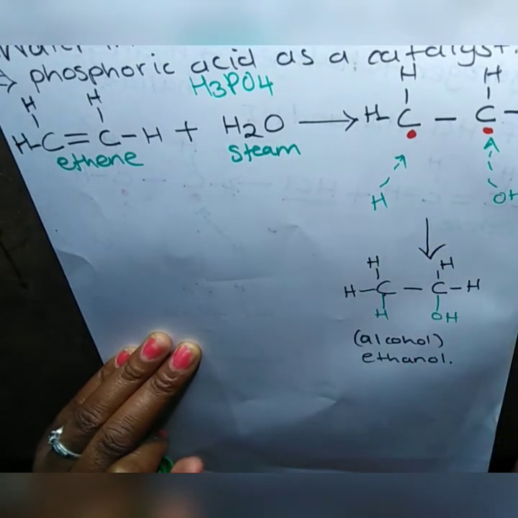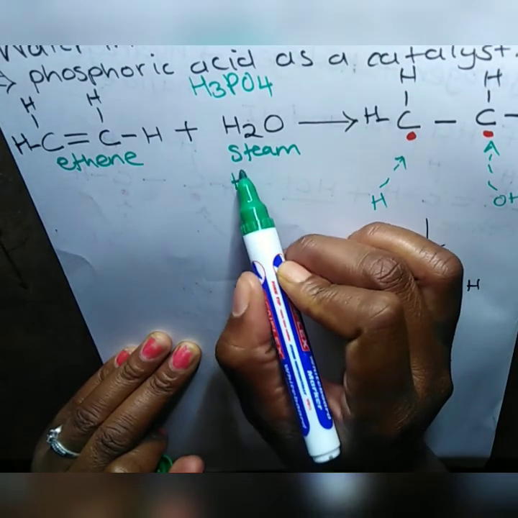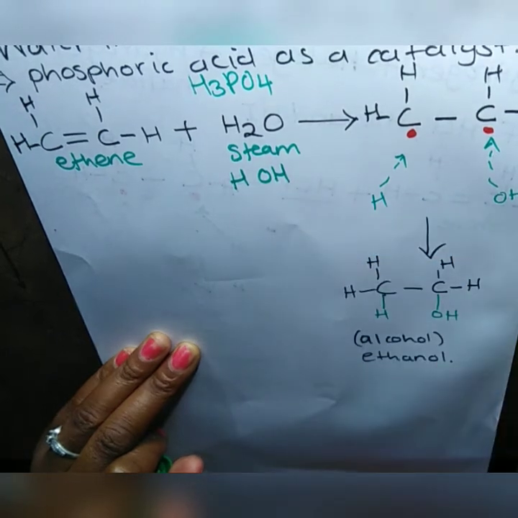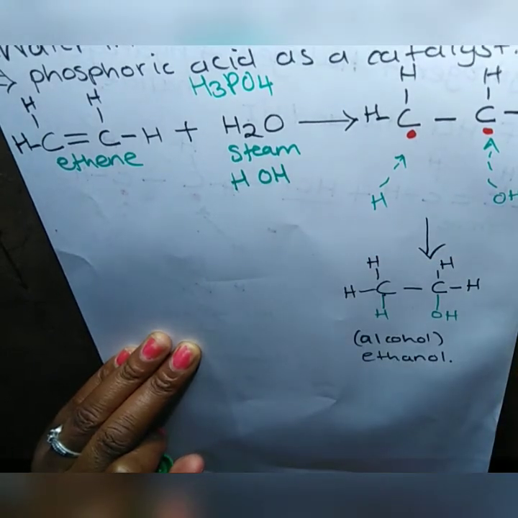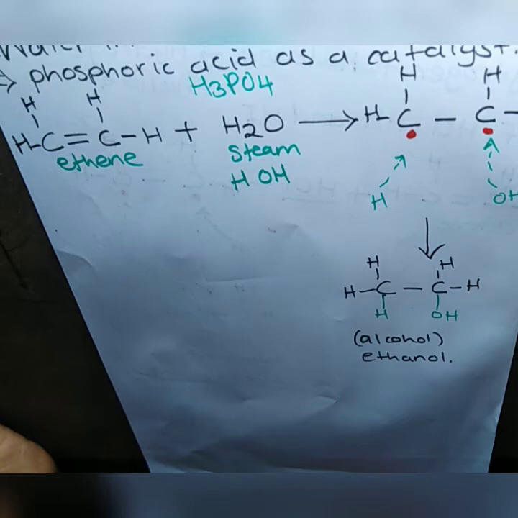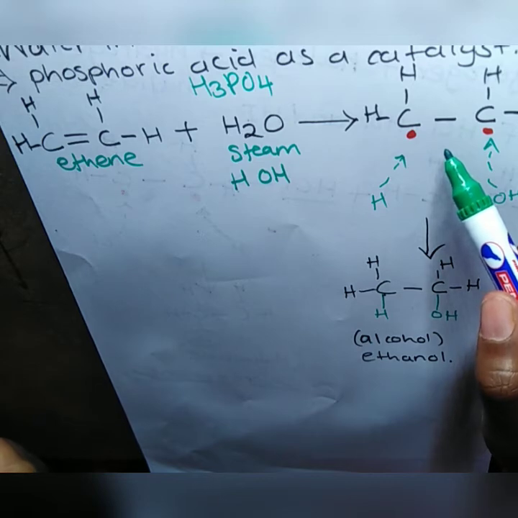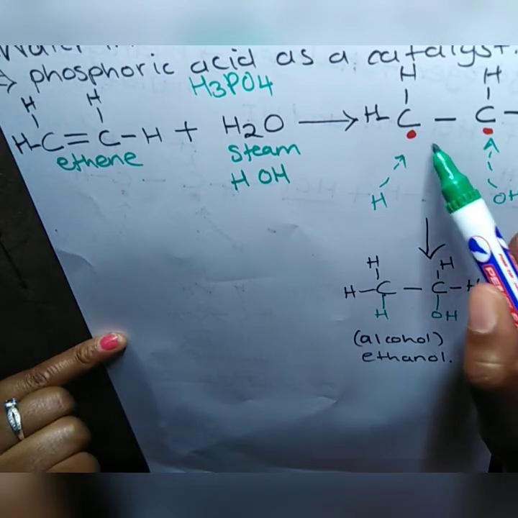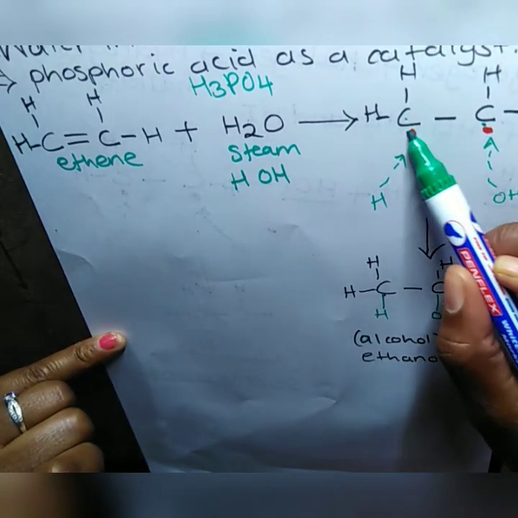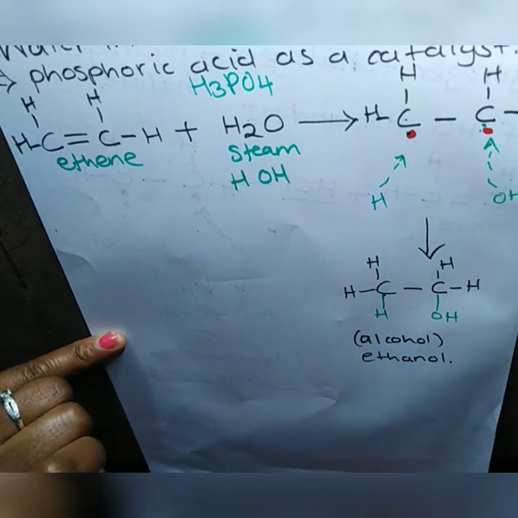So what happens is our water, H2O, has a hydrogen and an OH. As we react them, our water breaks, and at the same time, the double bond in our ethene is also going to break, leaving us with two unstable carbons there.